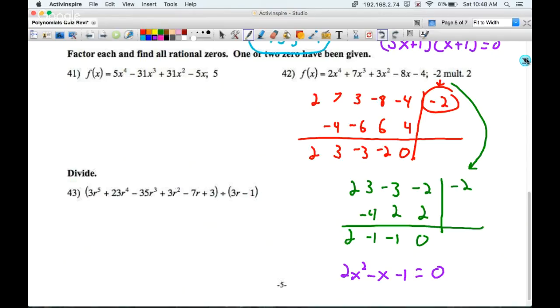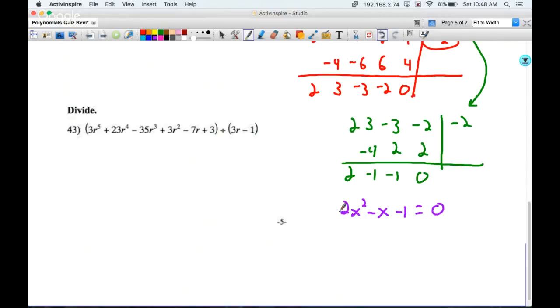Can we get this one with factoring by grouping? Factors of -2 that add to be -1: -2 and 1. So 2x squared minus 2x plus x minus 1 equals 0. Pull out a 2x, leaving behind an x minus 1. This one's just a 1.